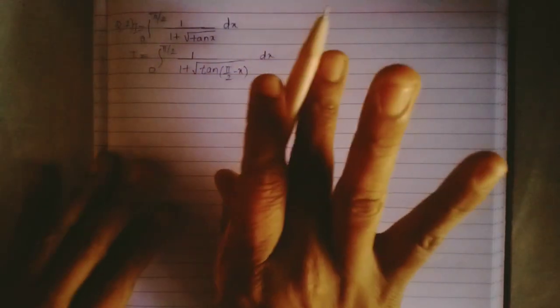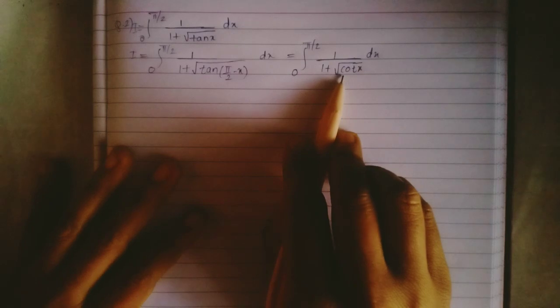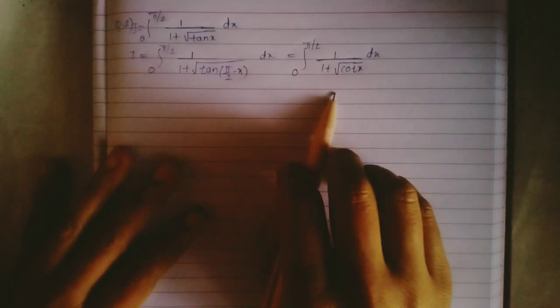This is our I, this is also our I. So tan of pi by 2 minus x is cot of x, right? Now this cot of x, you can write as 1 upon tan of x.